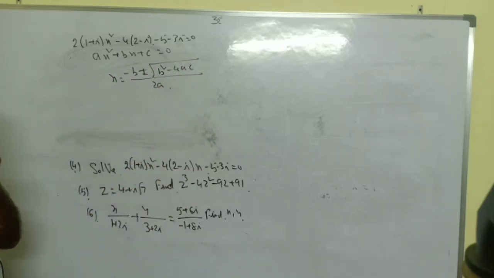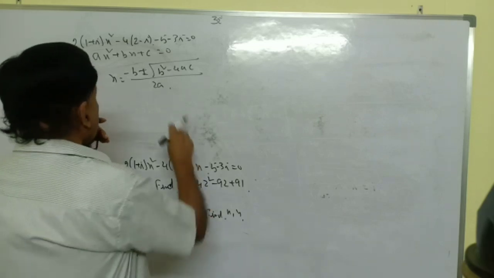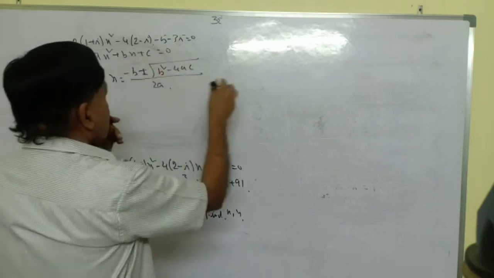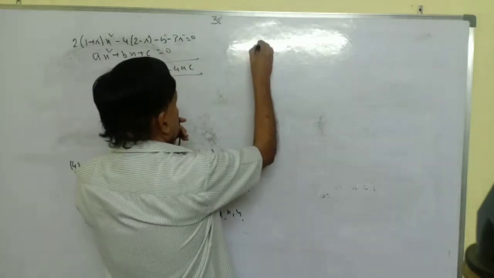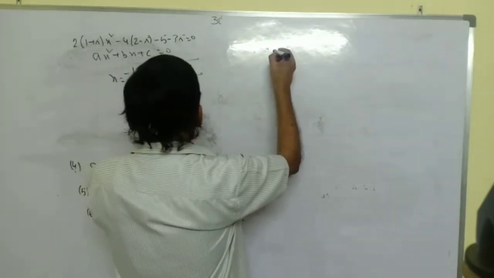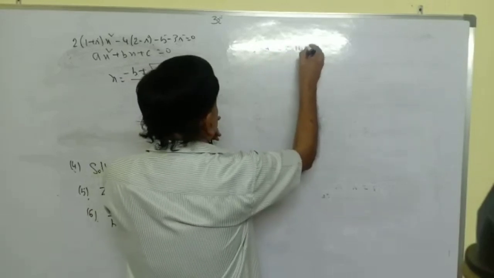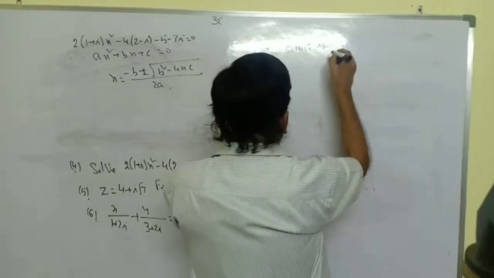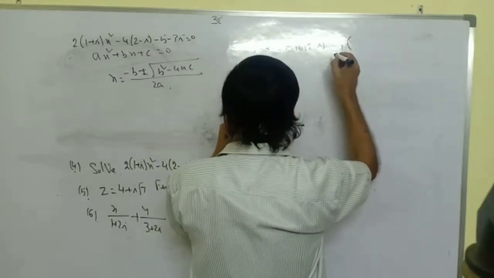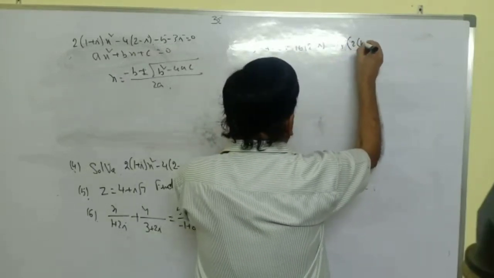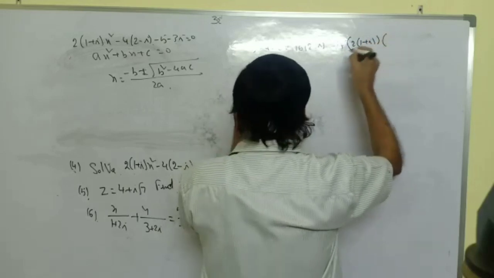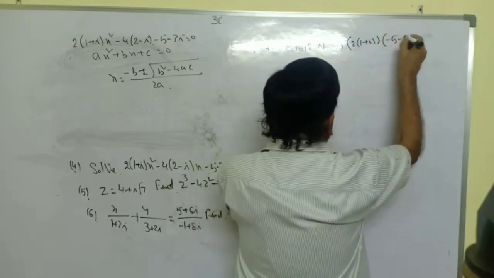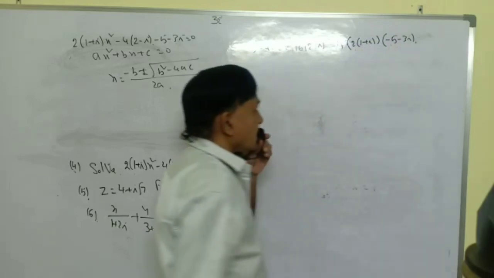Understood? Now, you do one thing. You try to calculate b square minus 4ac separately. b square minus 4ac is equal to 16 into 2 minus i whole square minus 4 into 2 into 1 plus i into minus 5 minus 3i.